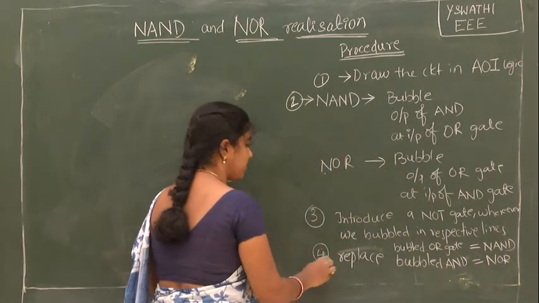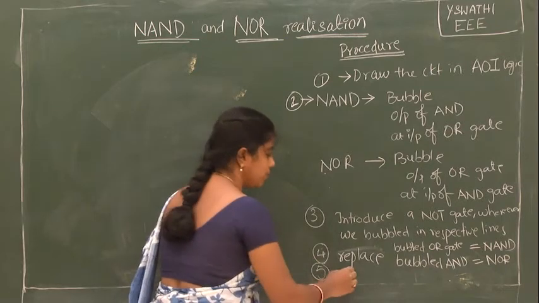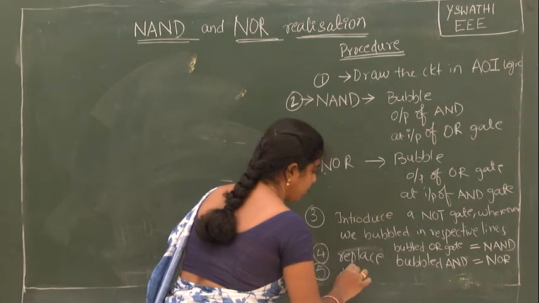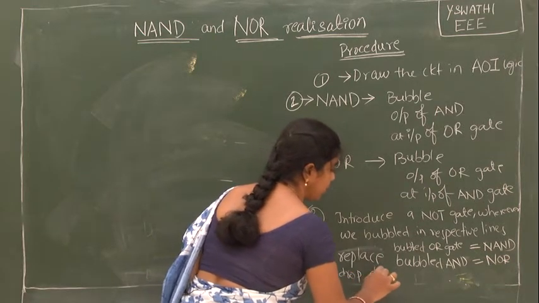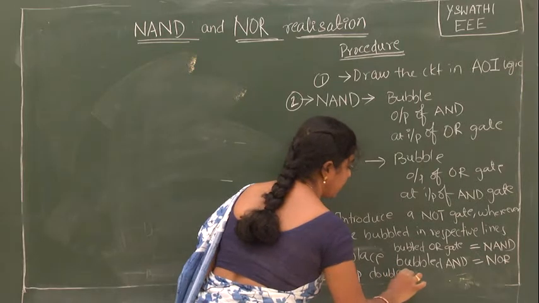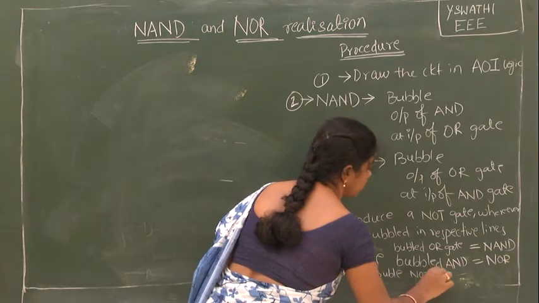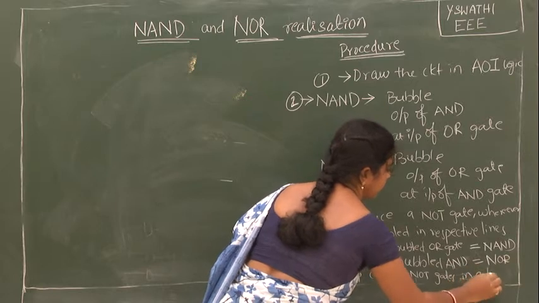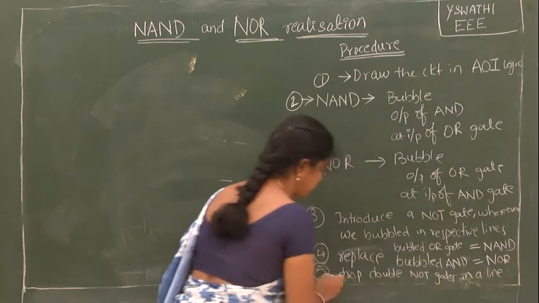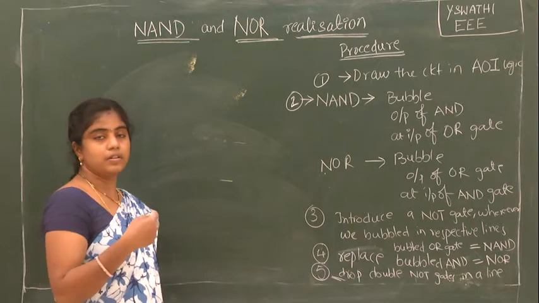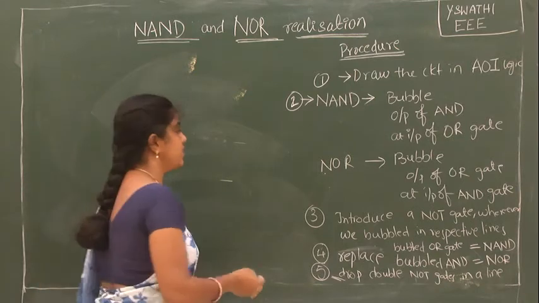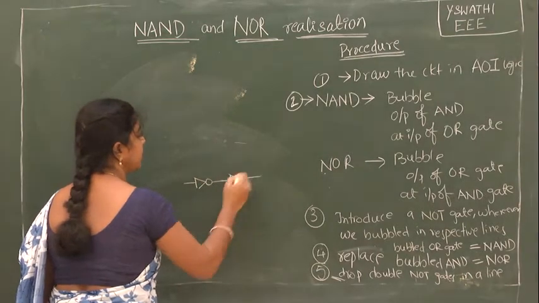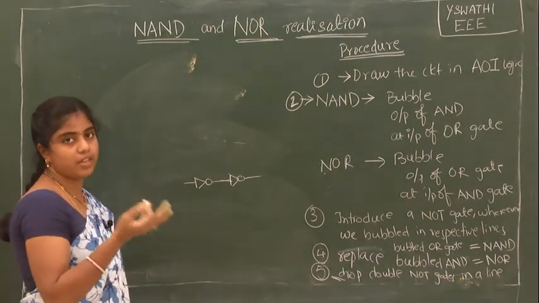And the final step is to drop double inverters, double NOT gates in a line. Dropping double NOT gates is nothing but whenever you double complement any variable or any term, it is nothing but the term or the variable itself.